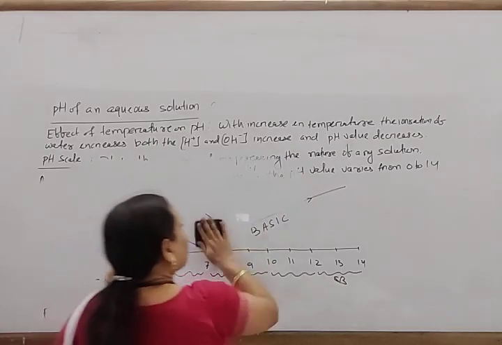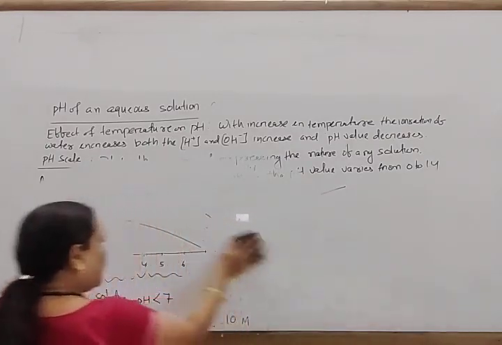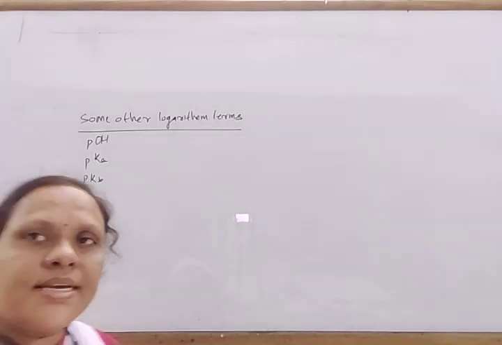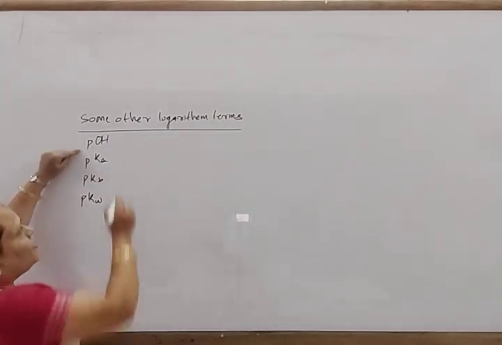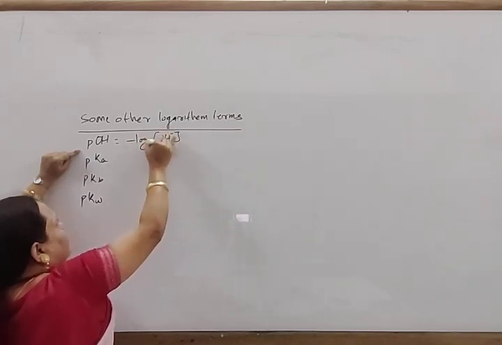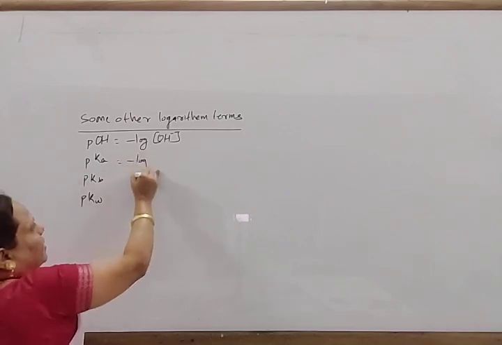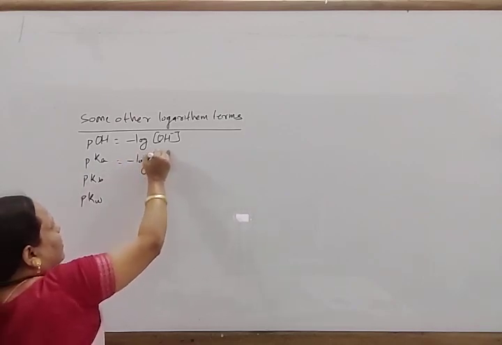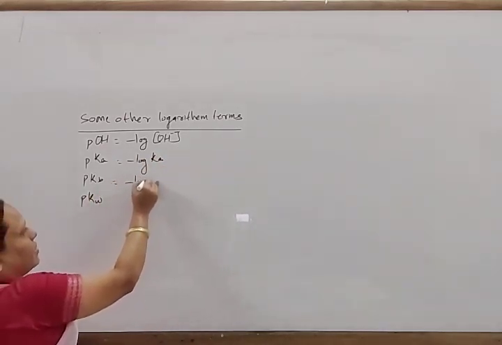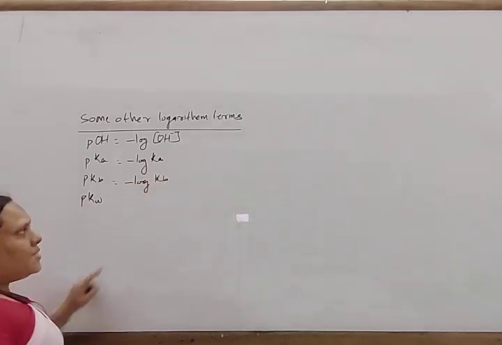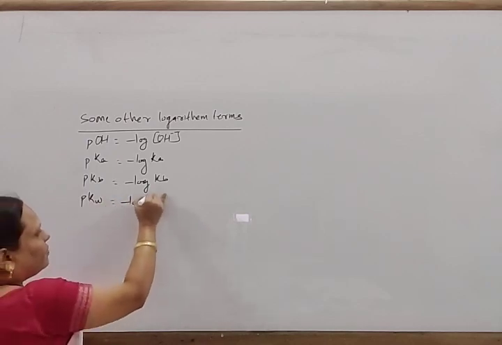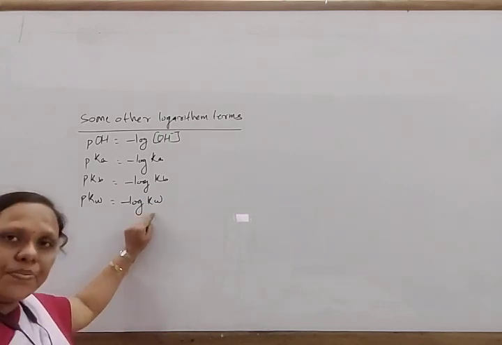Some other logarithm terms are pOH, pKa, pKb, pKw. pOH is the negative logarithm of hydroxyl ion concentration, and pKa is the negative logarithm of Ka, the dissociation constant of an acid. pKb is the negative logarithm of Kb, the dissociation constant of a base, and pKw is the negative logarithm of the ionization constant or ion product of water.